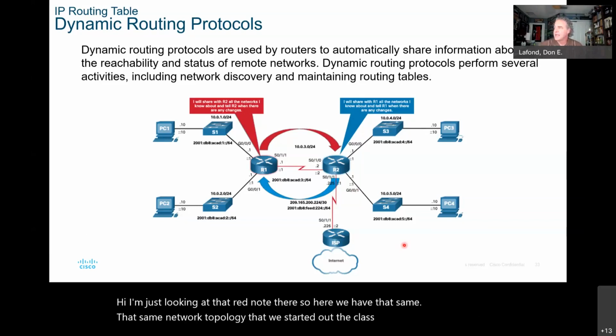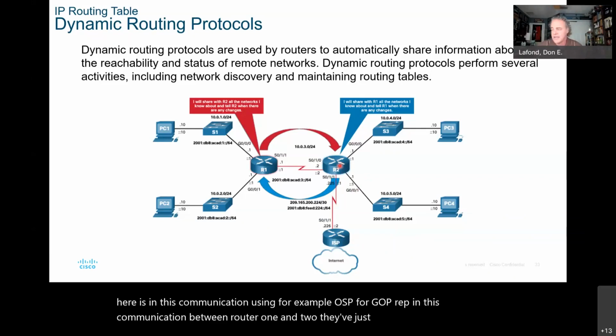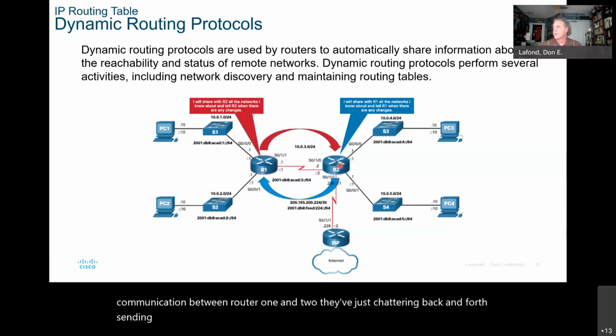In this communication using, for example, OSPF, EIGRP or RIP, between router 1 and 2, they're just chattering back and forth, sending information, and ND messages in IPv6.